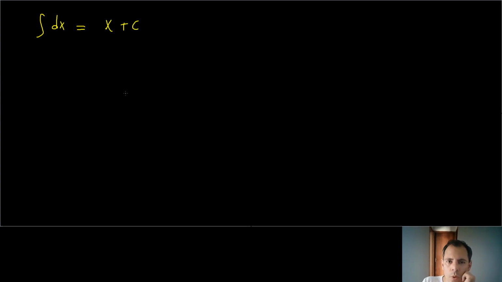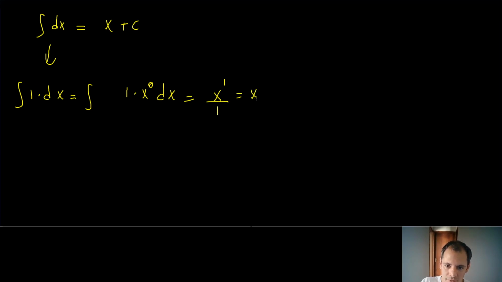Because this is the integral of 1 times dx, which equals the integral of 1 times x to the 0 dx, which equals x to the 0 plus 1, divided by this 1, so you have x plus c. So the integral of dx is just x plus c.